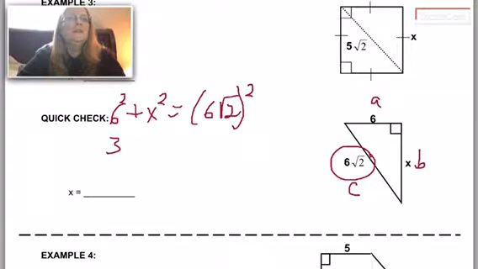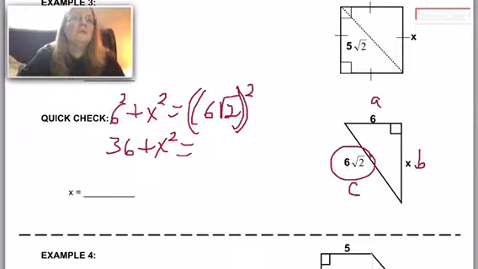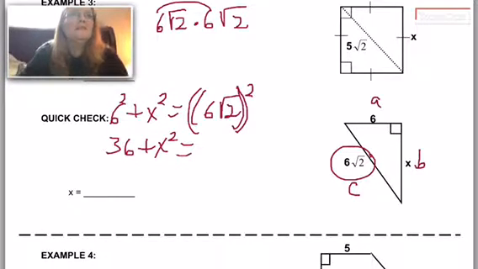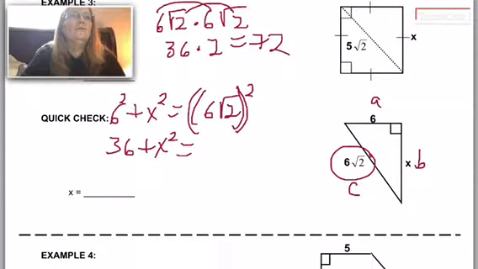So I have 36 plus x squared is equal to, and again, if you put double parentheses and put that in your calculator, you can get the answer. Or you can say 6 times the square root of 2 times 6 times the square root of 2. So you're going to multiply 6 times 6, which is 36. You're going to multiply the square root of 2 times the square root of 2, which is 2. And you get 72.